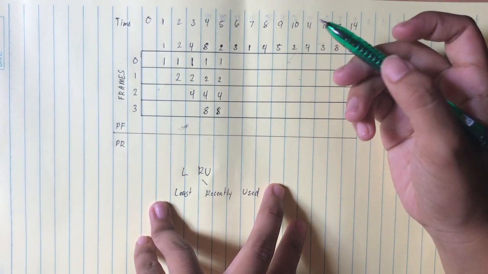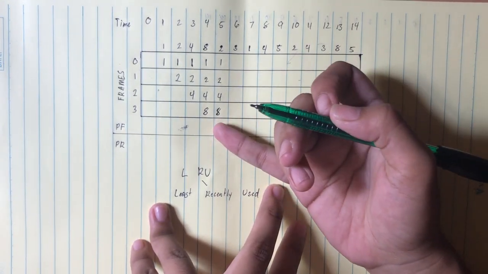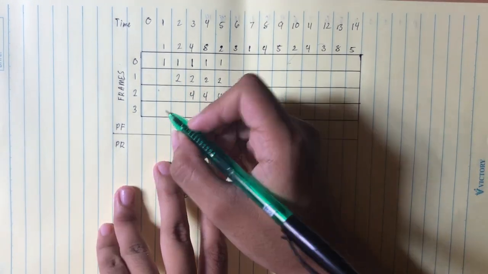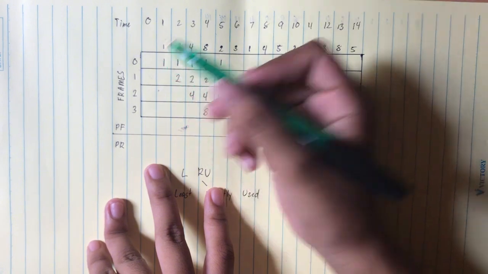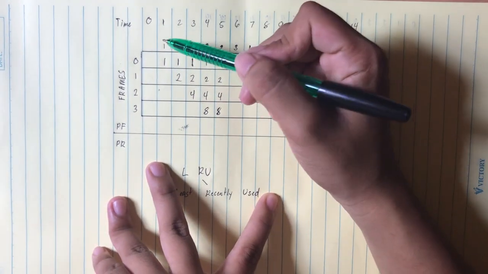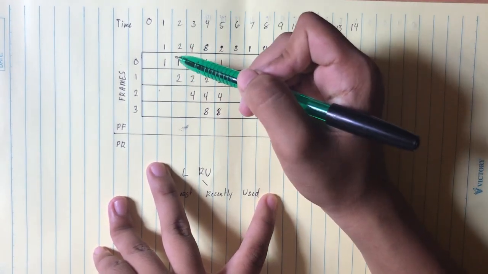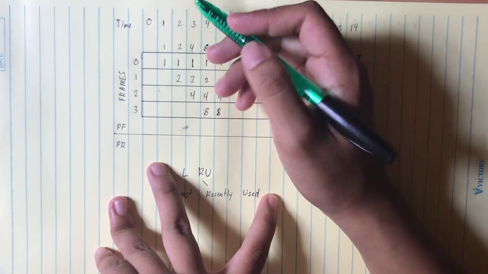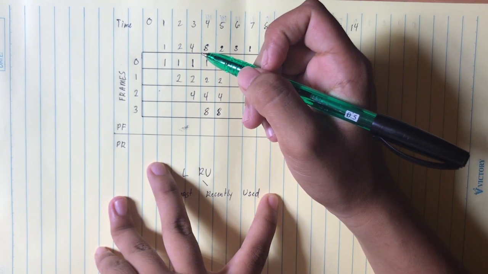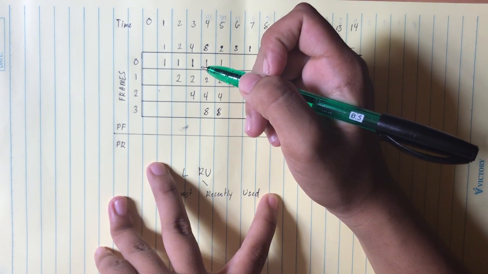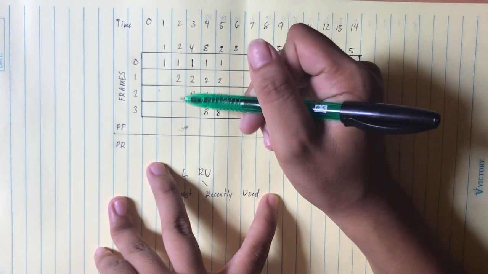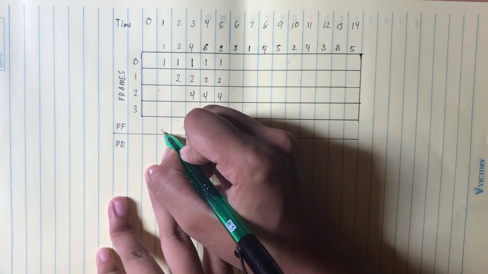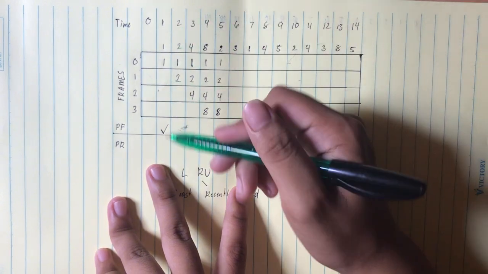Okay, right, so page fault, I forgot. Every time that we insert a page reference that is not currently existing in our frames, then it's going to have a page fault, like so.